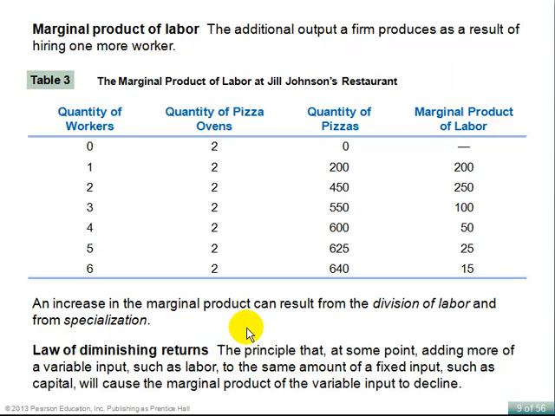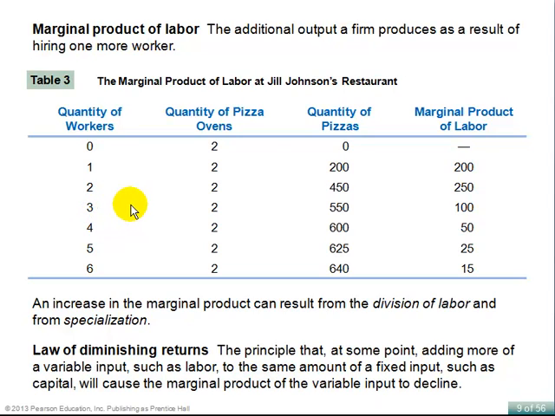This illustrates that adding more of the variable inputs, such as labor, to the same amount of fixed inputs, such as an oven, will eventually cause the marginal product of the variable inputs to decline. For Jill, the marginal product of labor begins to decline when she hires the 3rd worker.